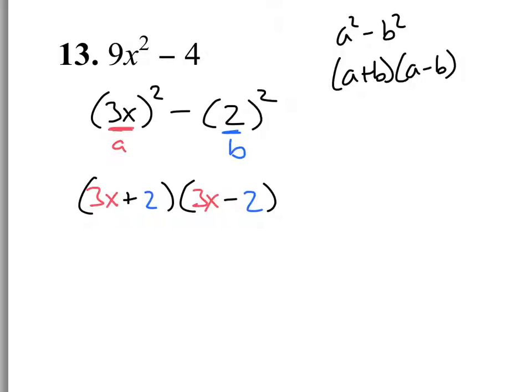The two binomials can be switched around, absolutely, but you have to have a 3x plus 2 and a 3x minus 2. If you wrote 3x minus 2 times 3x plus 2, perfect. It's the exact same thing. But that's the setup: one binomial is going to be plus, one's going to be minus.